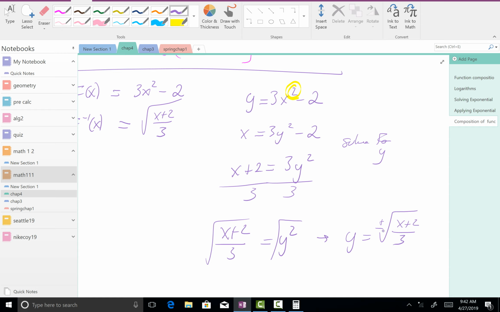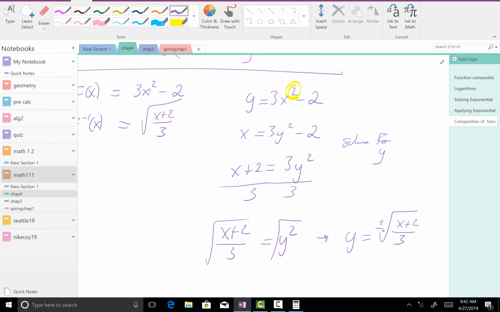So here, this one's even. I go up to this point here and reflect it. So the inverse, by definition also, the graphs are reflections of each other over the line y equals x, which is another reason why we're only considering the bottom part.